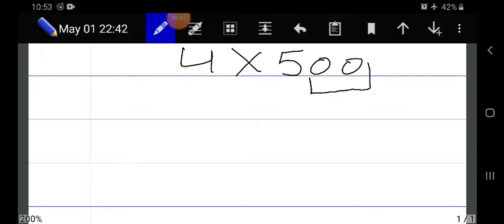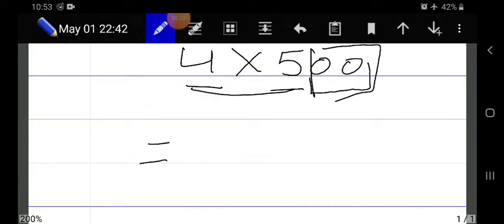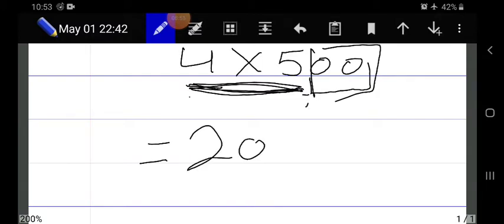Just forget it for a while, that you are not having these zeros. That means you are left with 4 and 5 only. So we are going to multiply 4 and 5. 4 multiply by 5, or 4 fives are 20. This is clear.